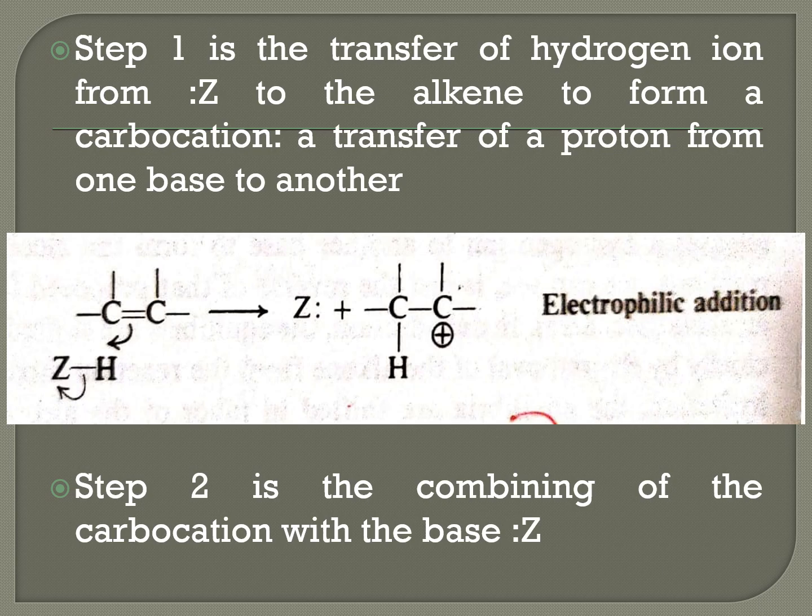Once again the electrophilic addition mechanism is shown there. Step 2 is the combining of the carbocation with the base Z. The eliminated base will react with the carbocation to form the final product. So that is the mechanism of electrophilic addition.